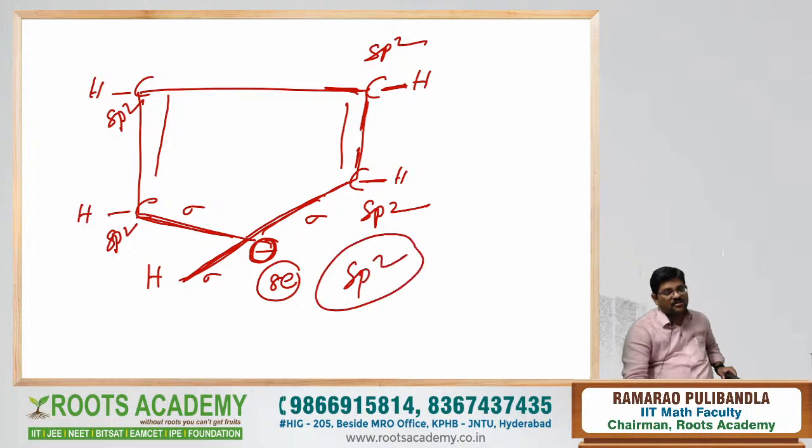The negative charge is in conjugation with the double bond. Yes or no? Yes. That's why the hybridization of the cyclopentadienyl anion is what?